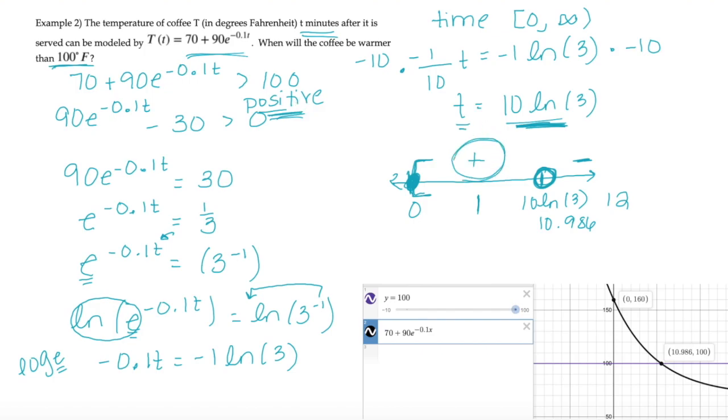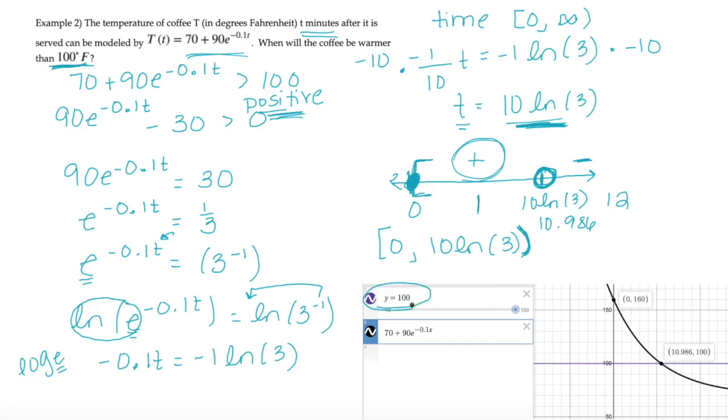So our coffee will be warmer than 100 degrees from the moment it's served up through 10 times the natural log of 3. And I'm going to exclude this because that's when it reaches 100. It's not warmer than 100. It reaches 100. When I graph this, notice that I graphed y equals 100.